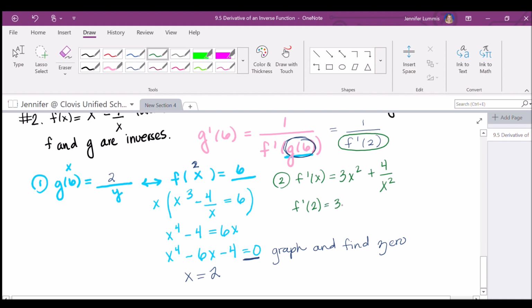So 3 times 4 plus 4 divided by 4. So 12 plus 1, which is 13. And then this goes right back in here and gives me an answer of 1 over 13. So that is how we do these problems.